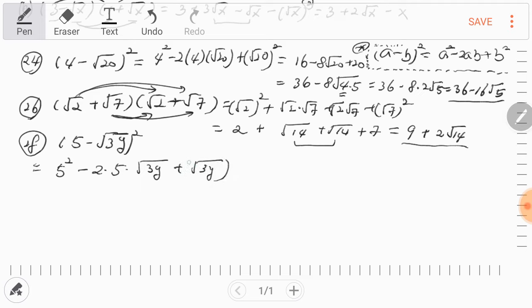This is equal to 25 minus 10 square root of 3y plus 3y. And that's it. There are no like radicals or common factors, so we're done.